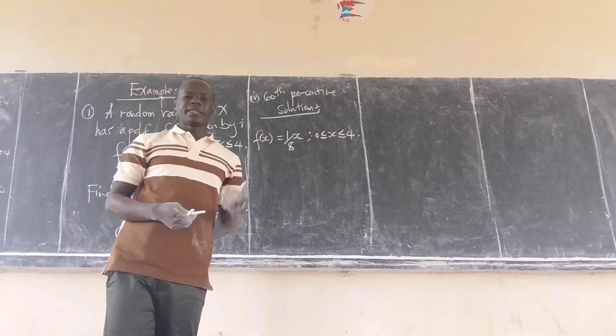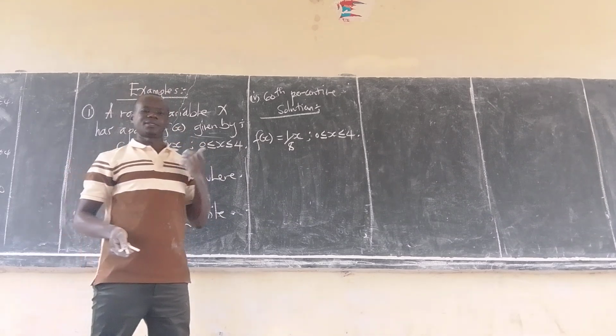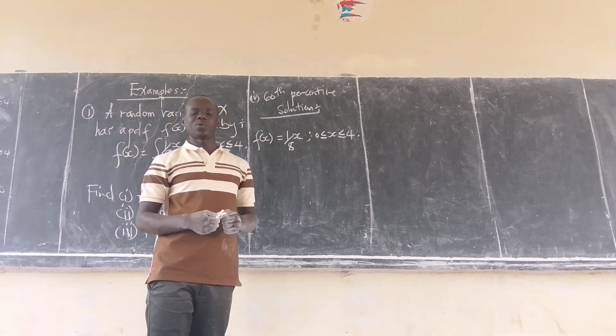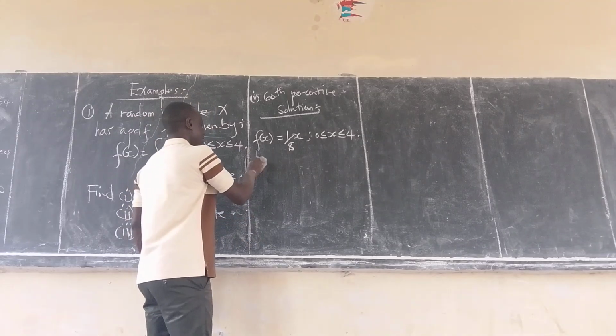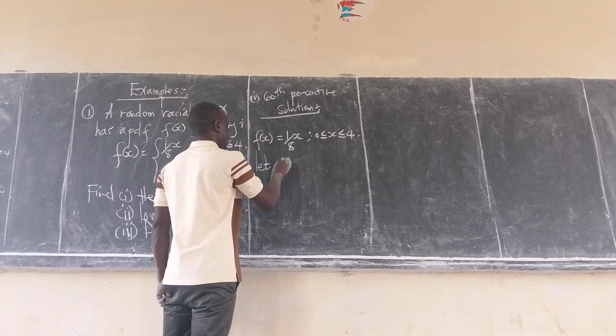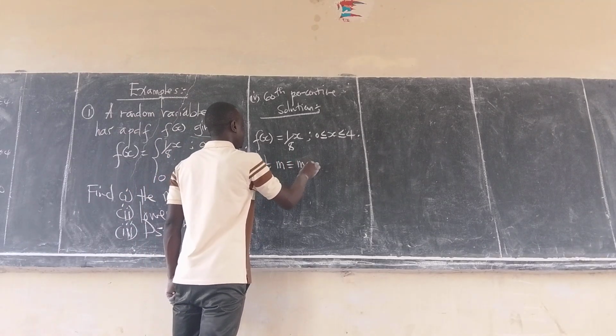Now once you identify that it is simple, then you go direct to calculating the median. So we are going to let m be the median.